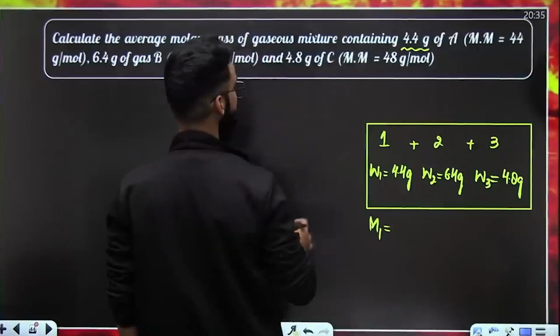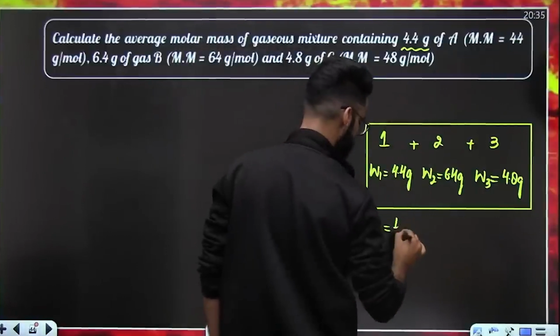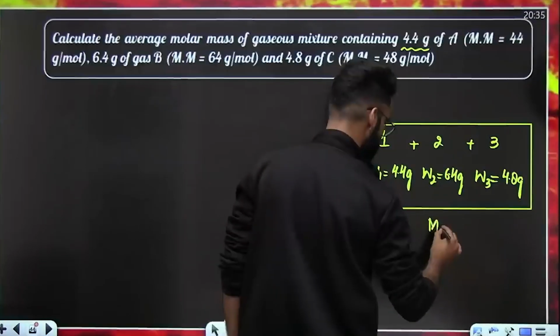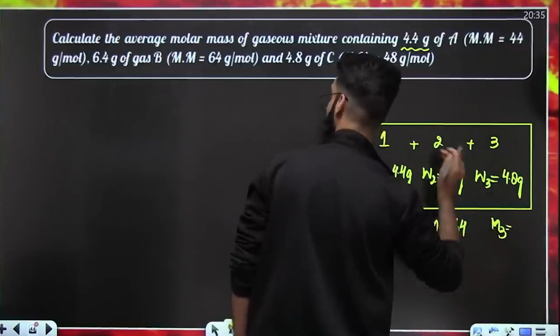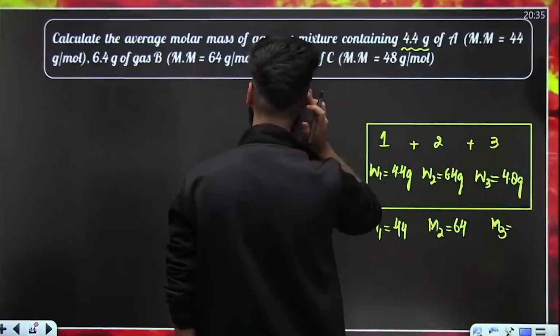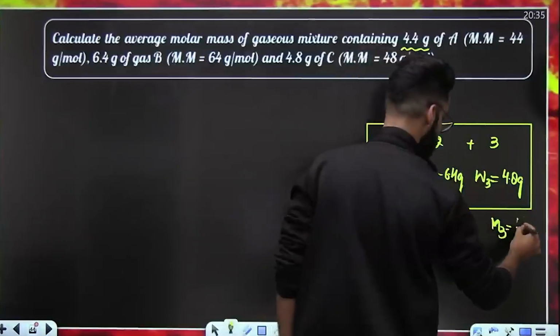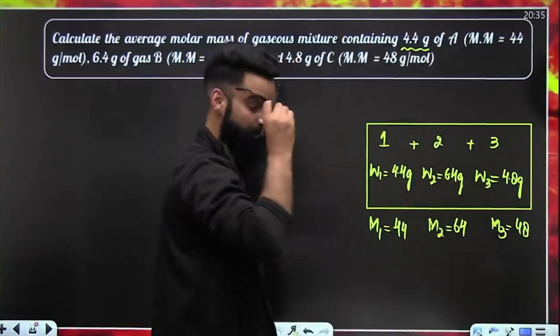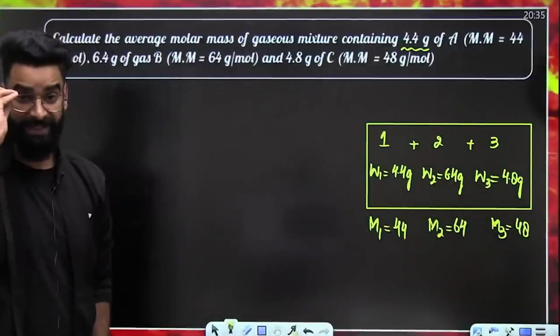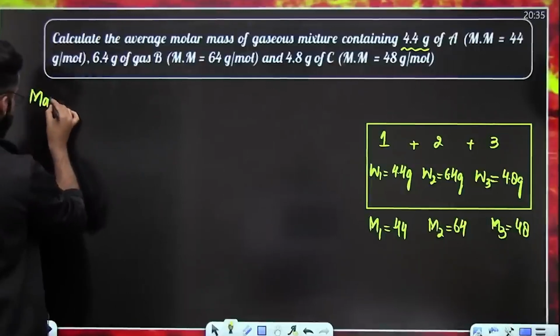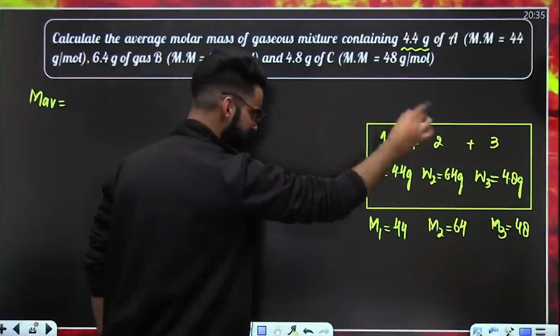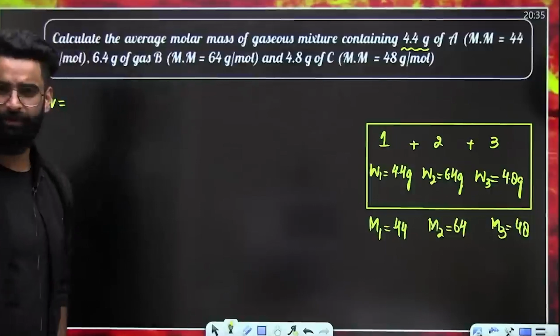That's 44 grams per mole. Molar mass of gas B is 64 grams per mole. Molar mass of gas C is 48 grams per mole. What do I have to calculate? We have to calculate the average molar mass of the gaseous mixture.